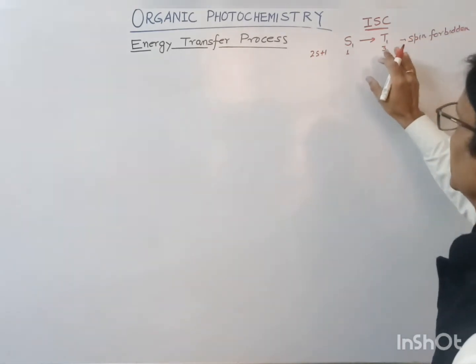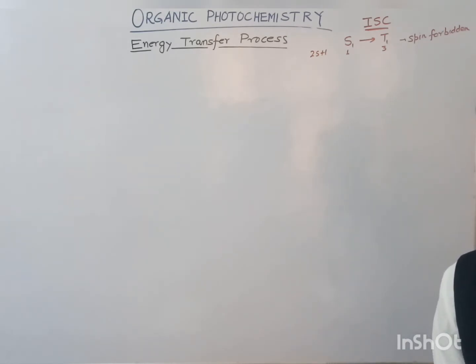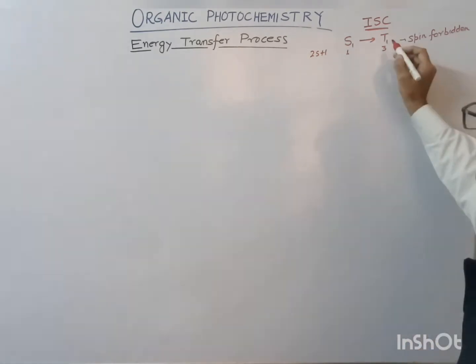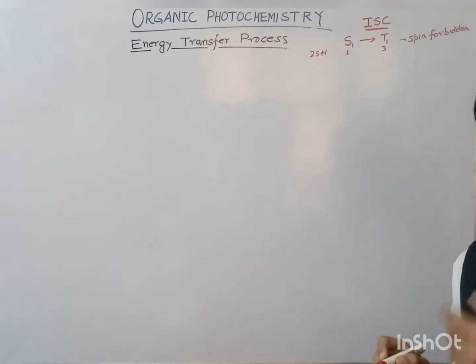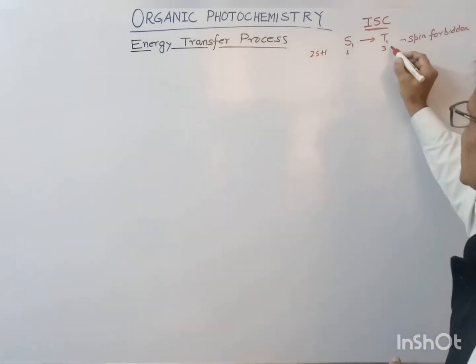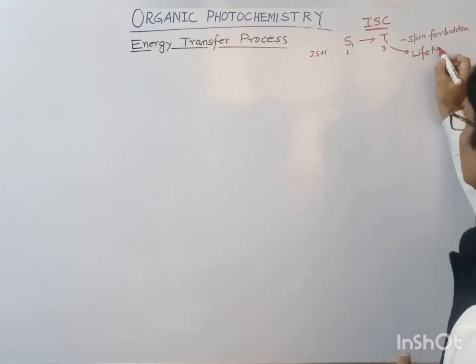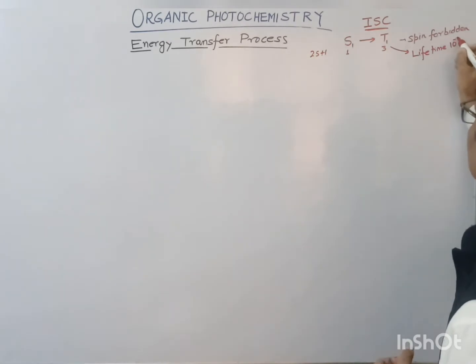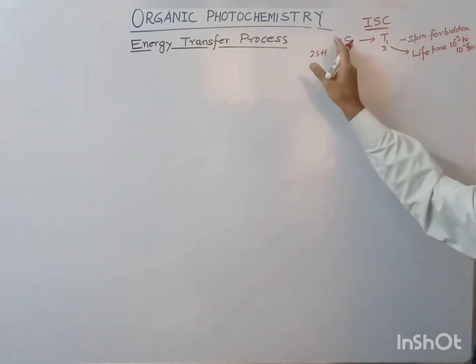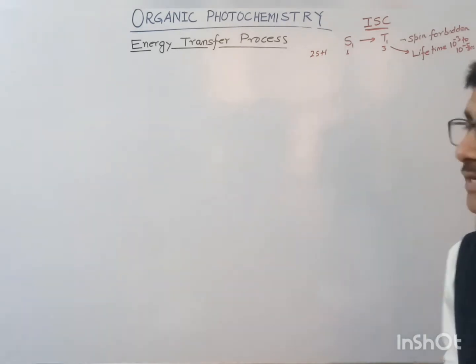Now, one of the reasons that most photochemical reactions go via the triplet state is that this triplet state is highly populated, and it has a high lifetime. As I told you, the lifetime of the triplet state is 10 to the power minus 3 to 10 to the power minus 5 seconds, much higher in comparison to the singlet state, which may have a lifetime of 10 to the power minus 9 seconds.